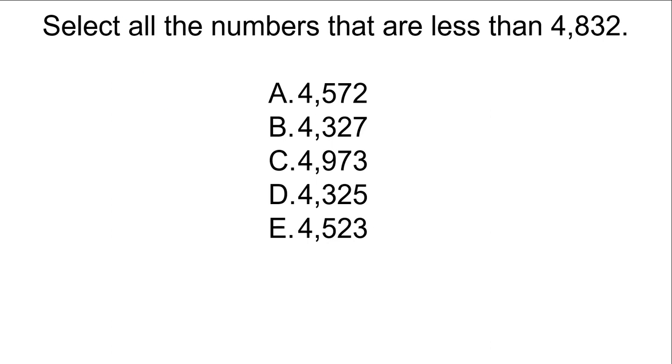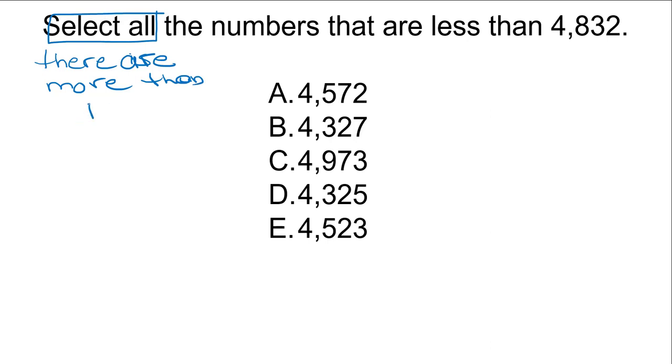Select all the numbers that are less than 4,832. Remember, when I see "select all," ding, ding, ding, that should highlight in my brain. Say it with me: there are more than 1 answers, right?